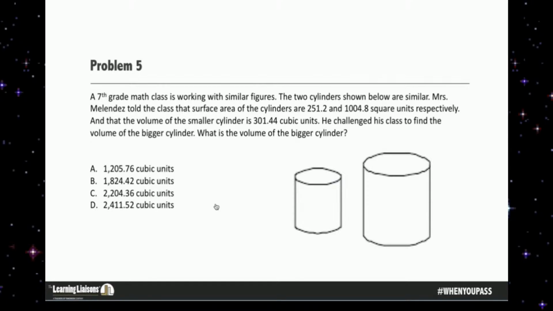Mrs. Melendez told the class that the surface areas of the cylinders are 251.2 and 1004.8 square units, respectively, and that the volume of the smaller cylinder is 301.44 cubic units. He challenged his class to find the volume of the bigger cylinder. What is the volume of the bigger cylinder?